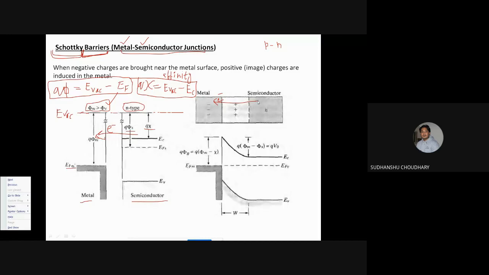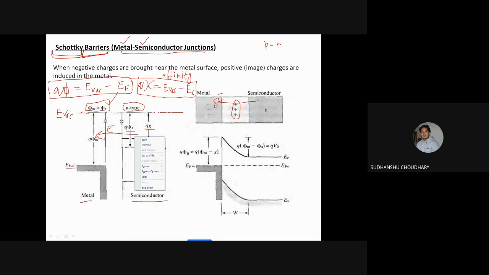When electrons move from the n side to the metal side, they leave behind donor ions. And since these electrons have moved to the metal side, you will see negative charges appearing on the metal side near the junction.